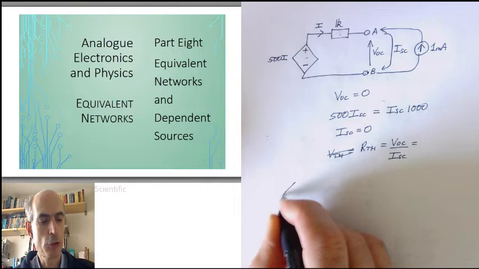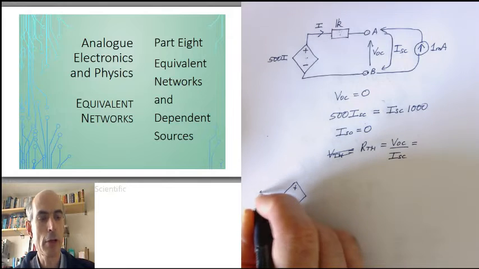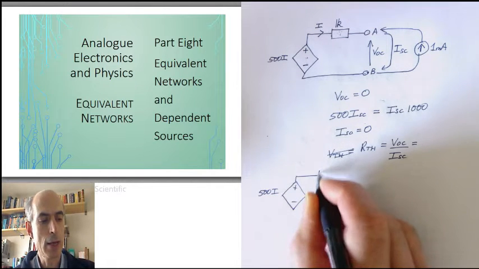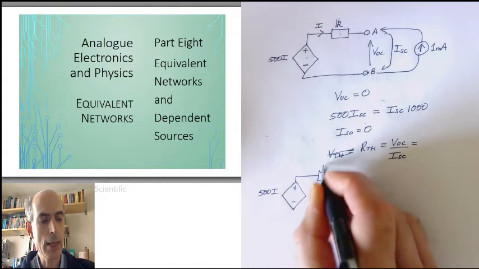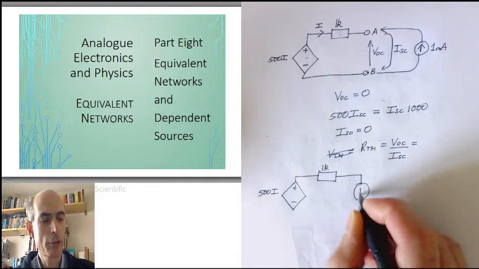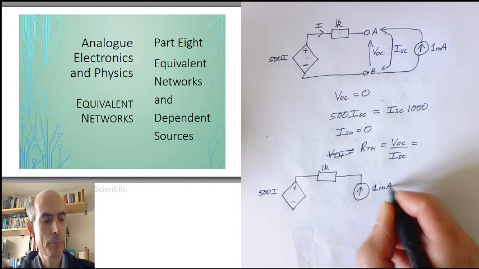I have a voltage source here, a dependent voltage source of 500 times the current flowing. I have a resistance of 1K, and I have a current flowing. I'm defining what the current is. It's 1 milliamp.